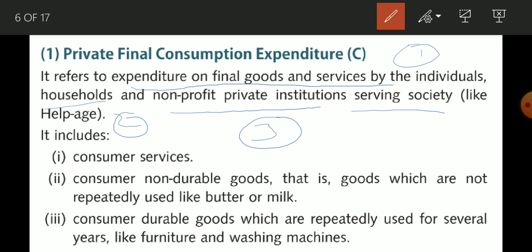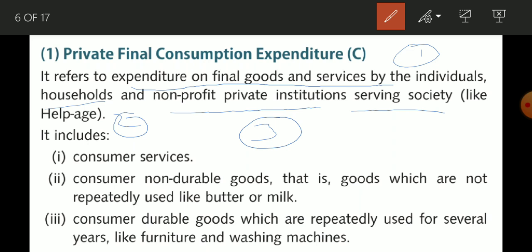They purchase goods and services for the service of people. So in private final consumption expenditure, three things come: individuals, households, and expenditure of non-profit private institutions like Help Age, orphan houses, and religious places.